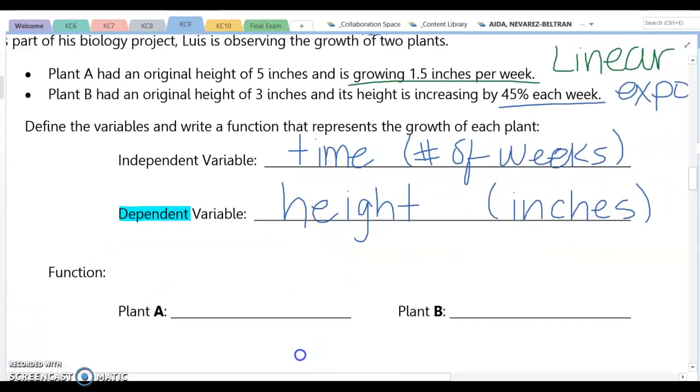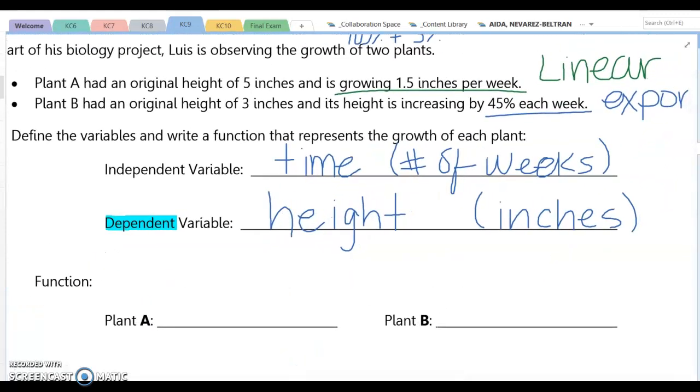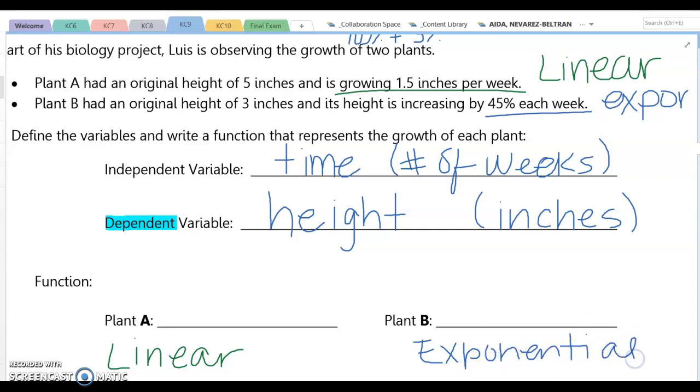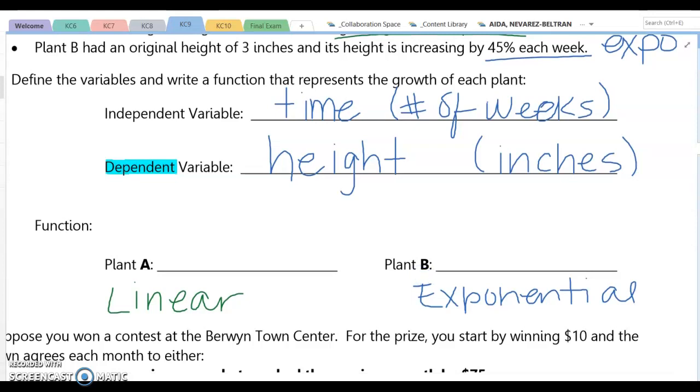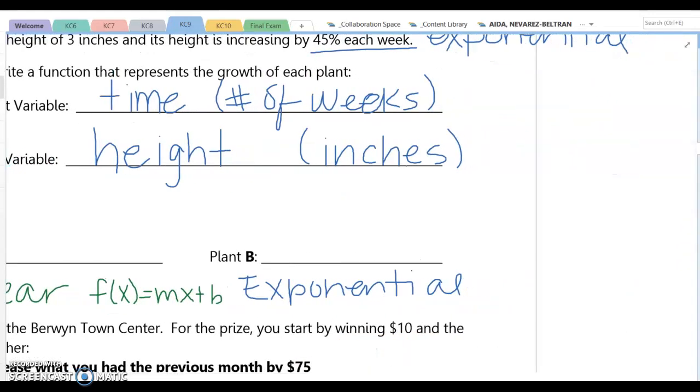So plant A is our linear one, and plant B is our exponential. Right, linear, that's f of x equals mx plus b, and our exponential is f of x equals a b to an exponent of x.